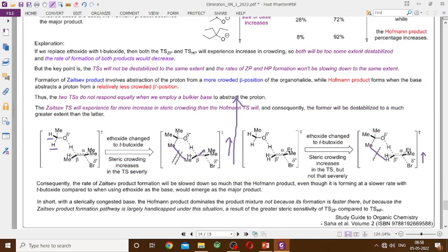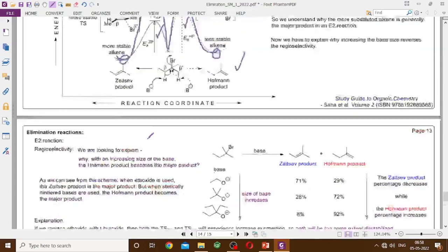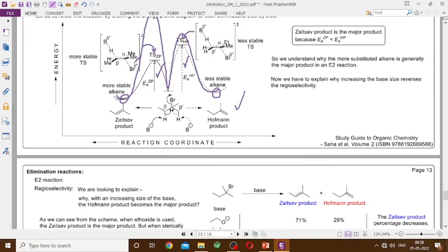Because of its more stable partially formed double bond, it must have one alkyl group here. As a result, this alkyl group will sterically interfere with the alkyl groups of the alkoxide. That is not going to happen here. You will have always two hydrogens here. For this substrate, you will always have two hydrogens in the Hofmann transition state. So the Zaitsev transition state will become even more unstable.